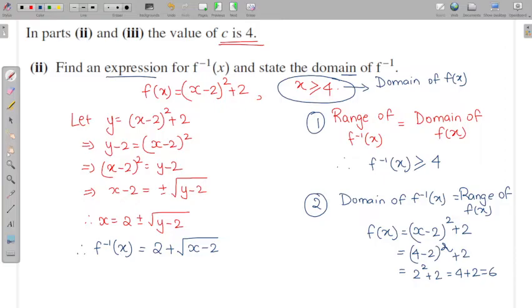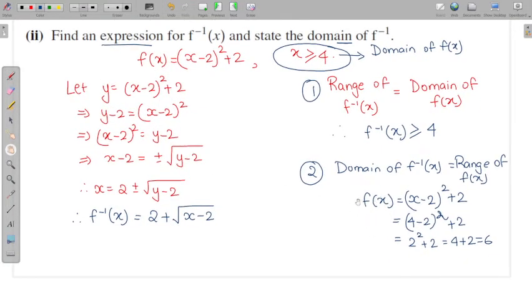When you increase the values of x, suppose you have x equal to 5, some value greater than the minimum value, it will be 5 minus 2 whole square plus 2. That's 3 square, 9, plus 2, 11. So see, as the values of x increase, the values of f of x also increase.